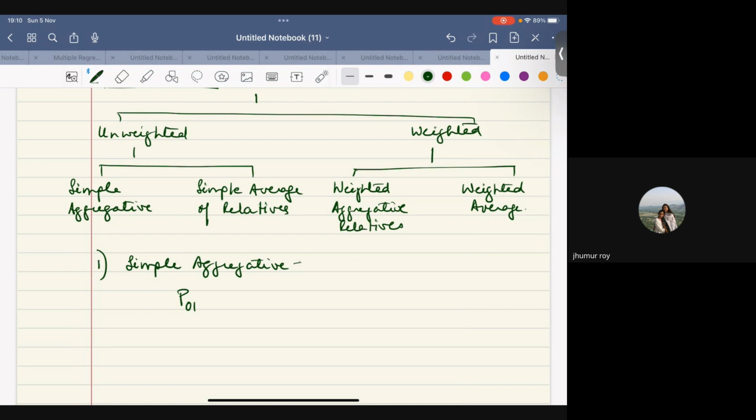Okay, so 1900 will be the zero period because we are taking that as the base period, and 2023 will be the one period which you are considering. So it is always written as P01, 0 standing for base period, 1 standing for the new period. Okay, so it's a very simple formula. Here we write summation of P1 upon summation of P0 multiplied by 100.